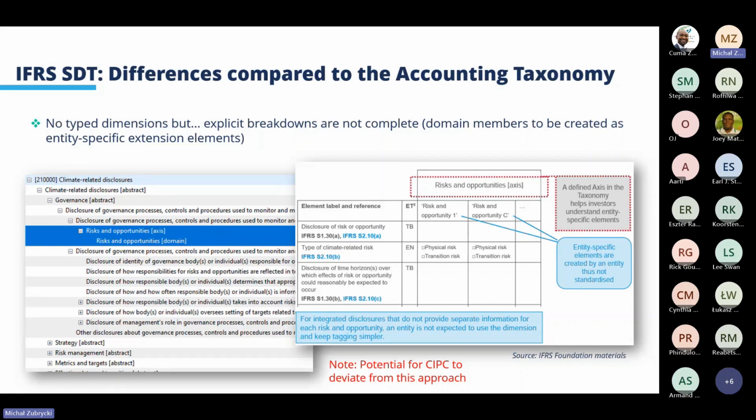So there are probably more thoughts needed around that, but maybe I will also pause here and ask specifically the SSP representatives whether they were already aware of these things that are happening at the ISSB level, whether there are any thoughts within your organizations in terms of how to tackle that, and whether you have any preferences or recommendations to the CIPC on how this should be approached.